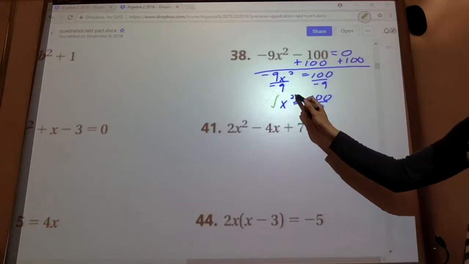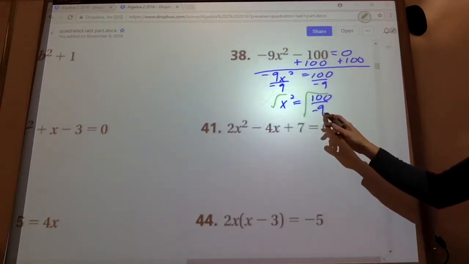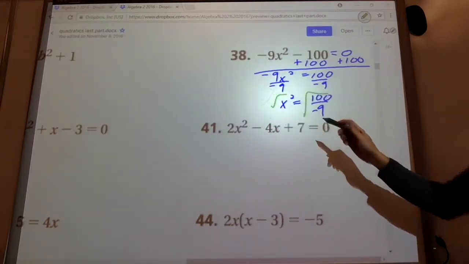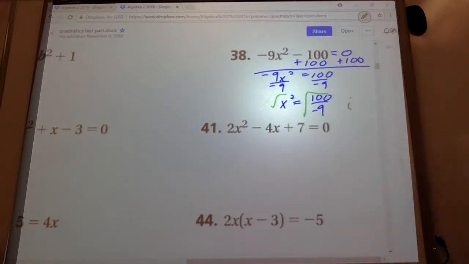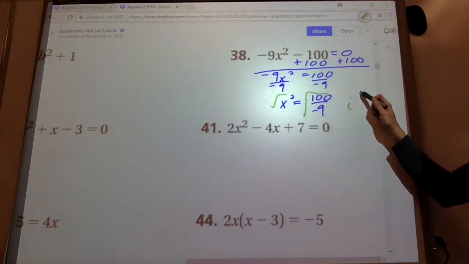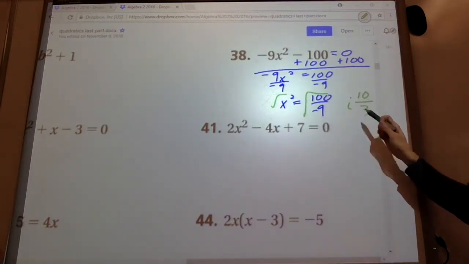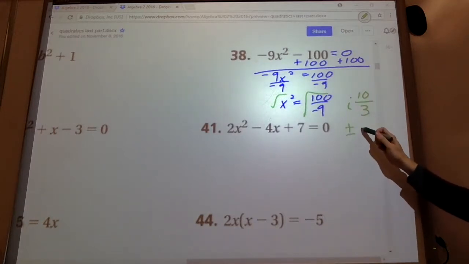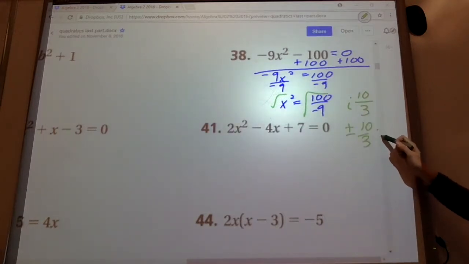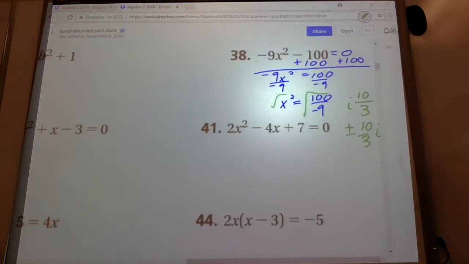So I square root both sides. I have a negative underneath the square root, so I need to take out an i. And then square root the 100, which is 10. Square root the 9, which is 3. So plus or minus 10/3 i would be my answer.